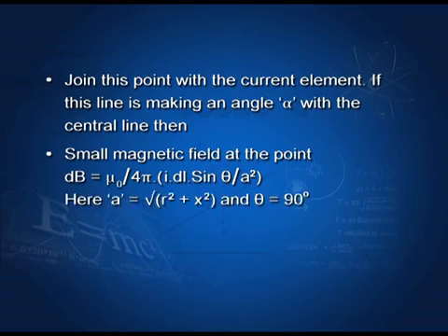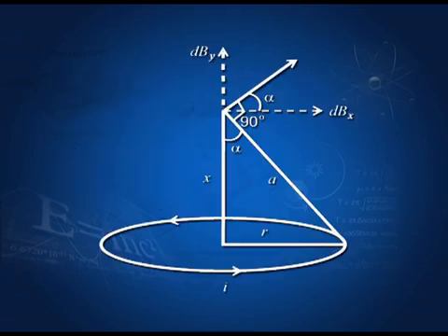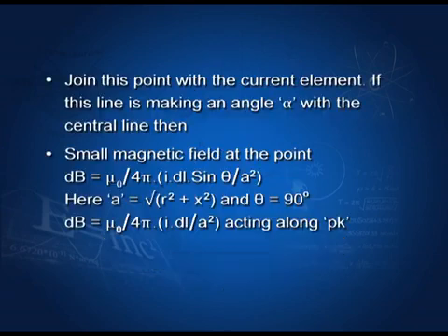Here a is equal to √(r² + x²), and θ is equal to 90 degrees because the current element is tangential to the line joining the point P with the current element. So substituting the value of sinθ, we get dB equals μ₀/4π × I dl / a². This magnetic field is acting along the direction perpendicular to the line joining P and the current element.